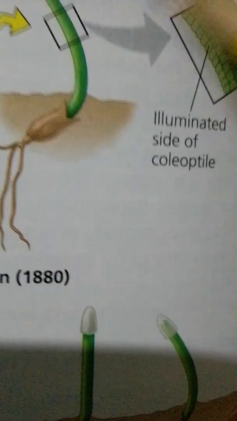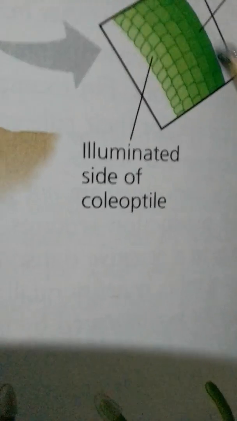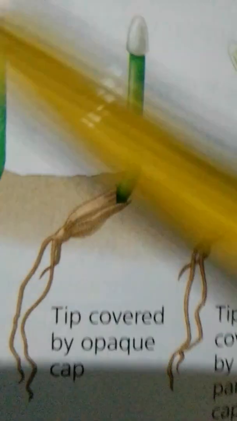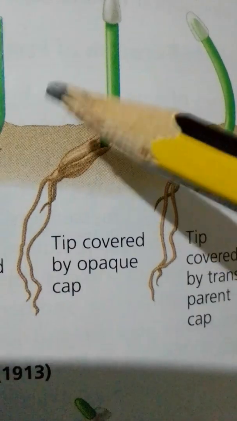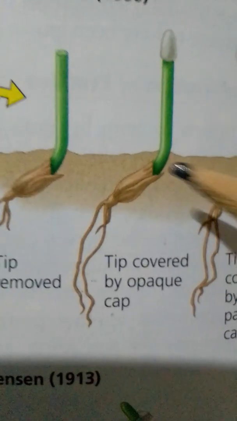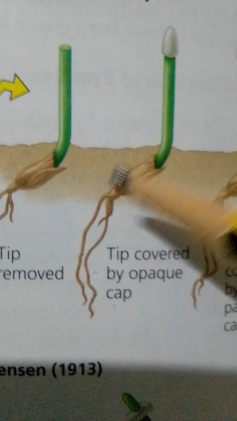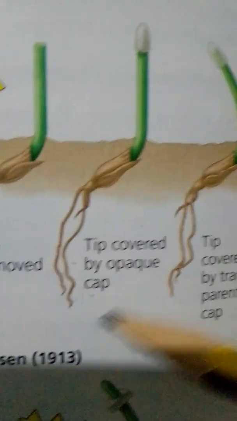Illuminated side of coleoptile, shaded. Notice closer look, shaded side of coleoptile. Notice also Darwin and Darwin, 1880. Notice that light, tip removed, tip covered by opaque cap.